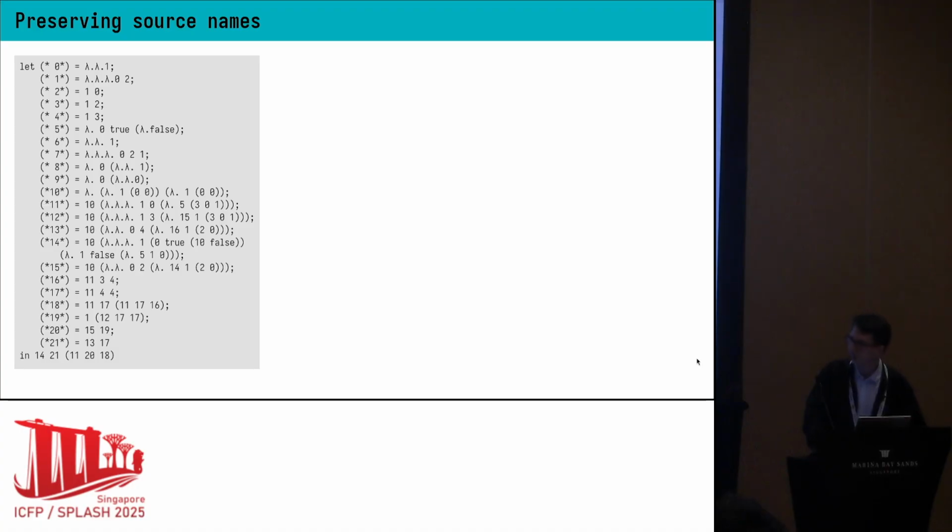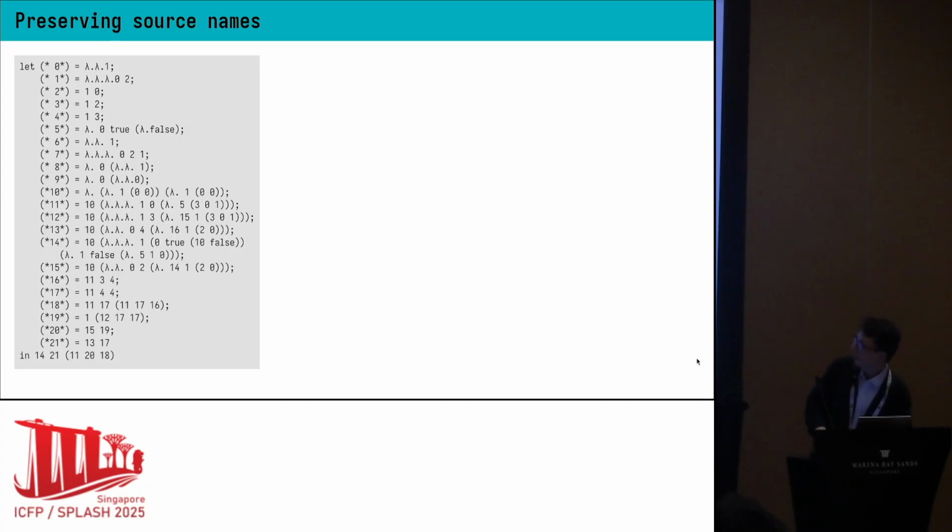So another thing is that de Bruijn indices are great internally to bind variables, but they make for terrible surface syntax. I think that all of us will agree that writing code like the snippet on the left doesn't sound pleasant.